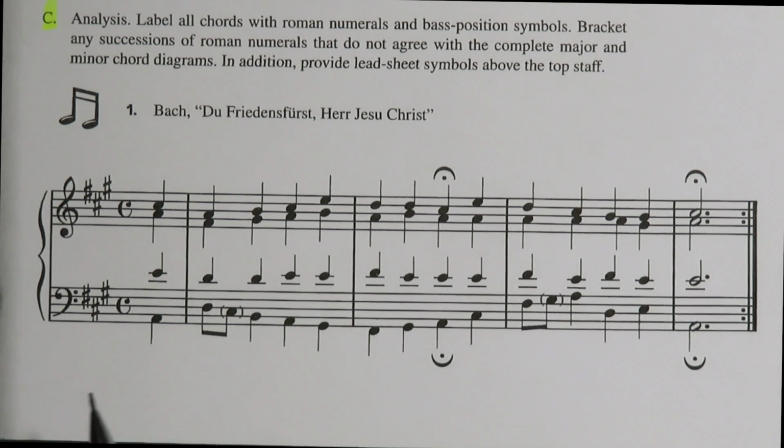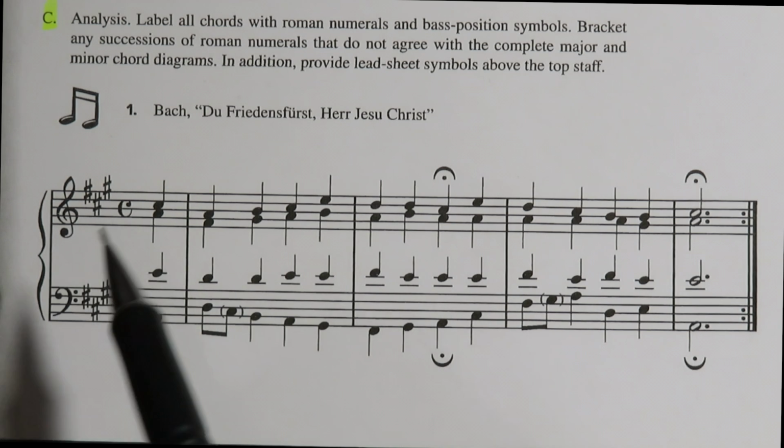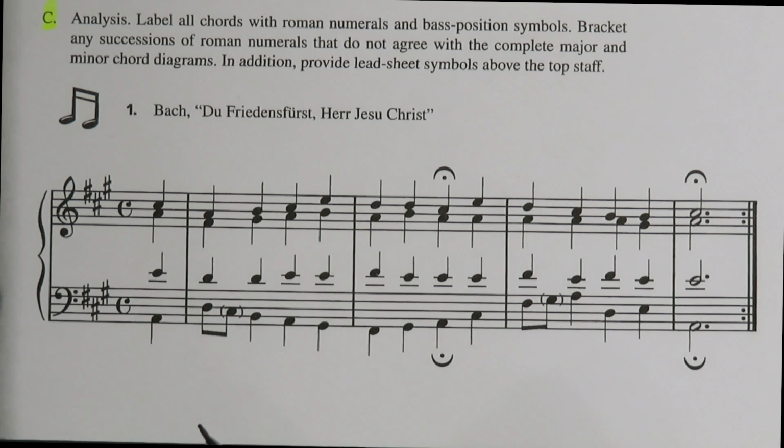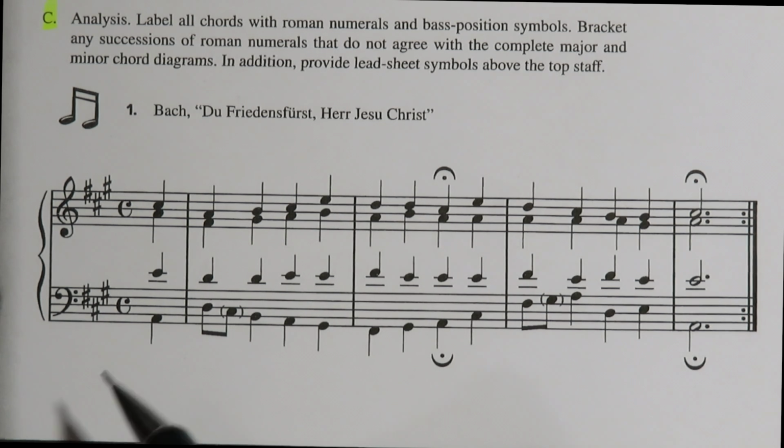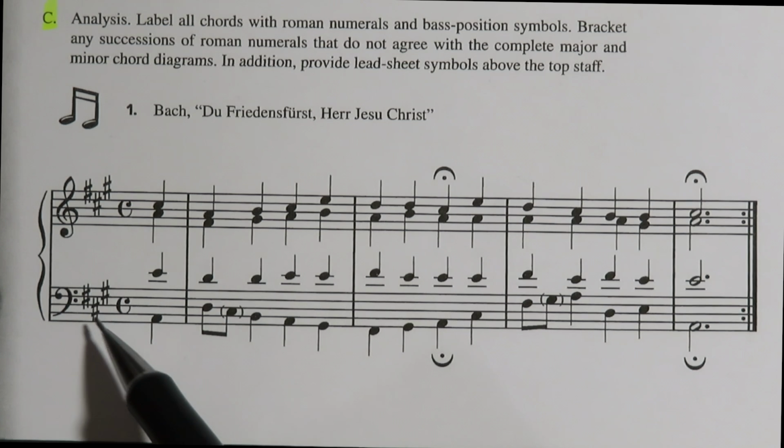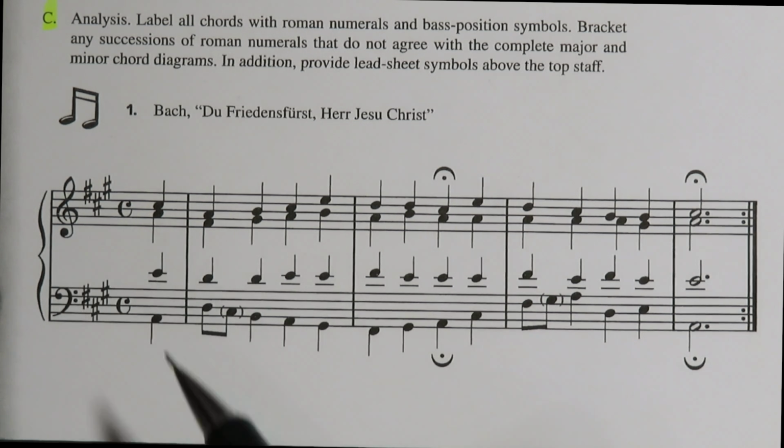Okay, so we have an excerpt from a piece by Bach, and we have 3 sharps in the key signature, and we're starting on an A chord, which is a good indicator of the key that we're in. A major has 3 sharps.